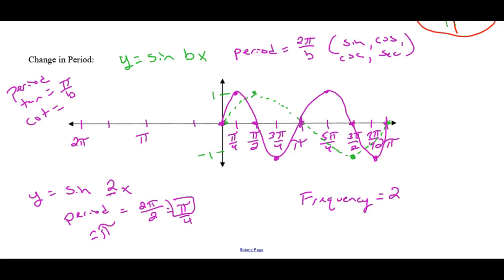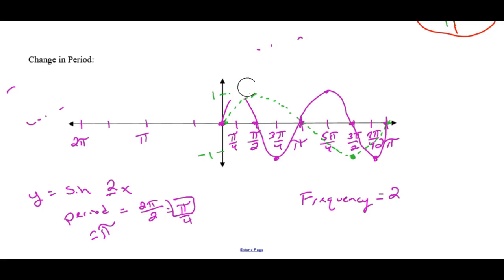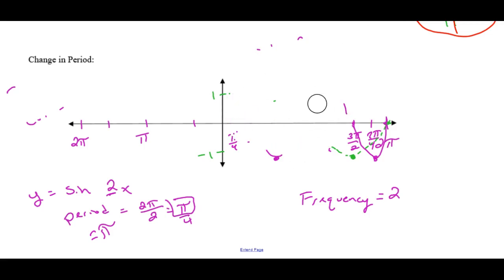All right, now we could also look at what happens to tangent, right? So let's get rid of this. Back to 2 pi, pi.